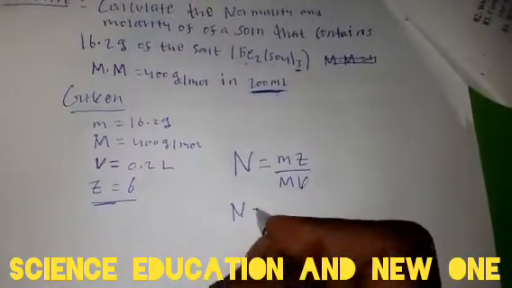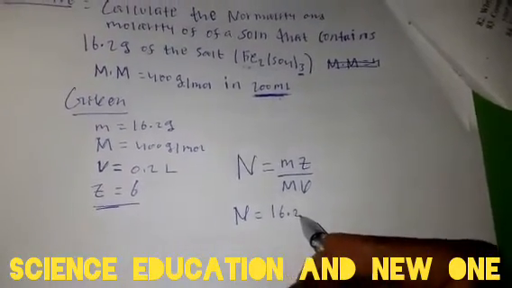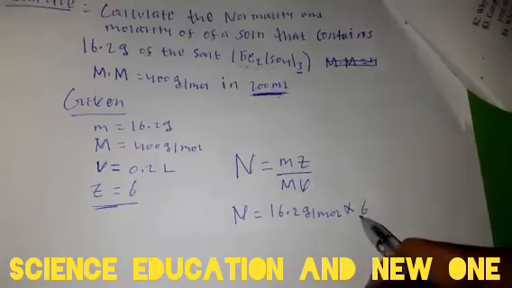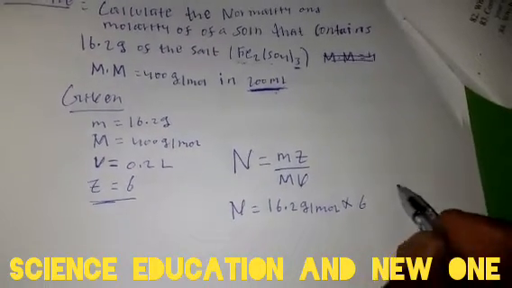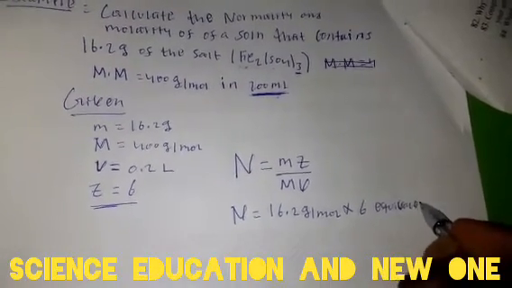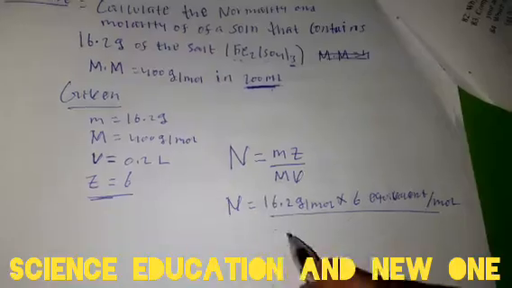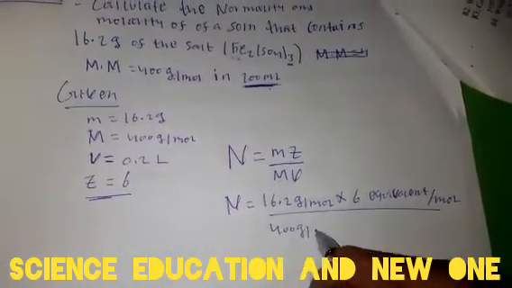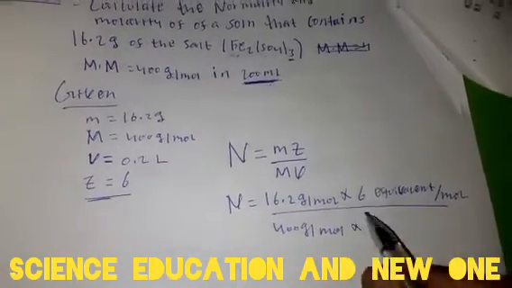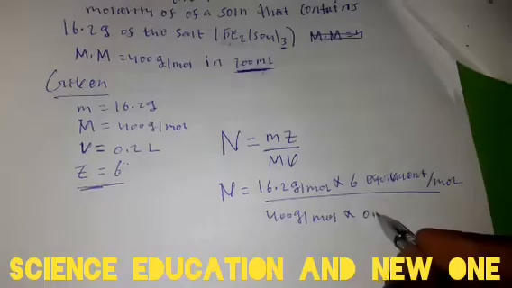The normality is equals to 16.2 gram times Z is 6, 6 equivalent per mole, over molar mass is equals to 400 gram per mole times volume, volume is equals to 0.2 liter.